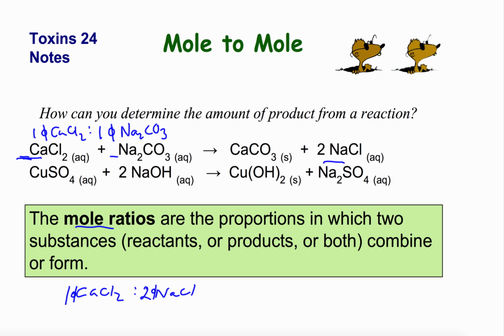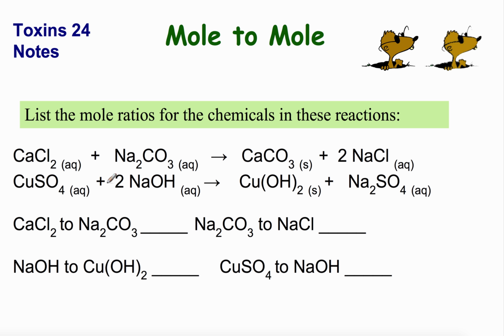Let's start by trying to identify some mole relationships. I'll do the first 2, and then I'm going to have you do 2 on your own. So calcium chloride to sodium carbonate. Calcium chloride is here and sodium carbonate is here. These are both reactants, and the coefficients are 1, so it's a 1 to 1 mole ratio.